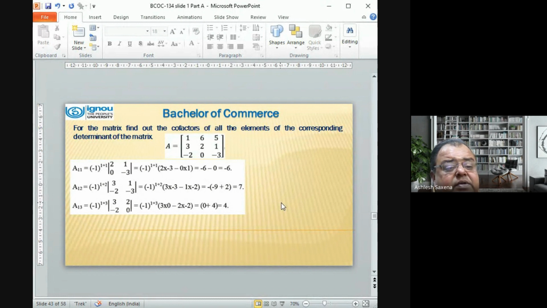And first row, second column: minus 9 plus 2. Minus 9 plus 2 is 7. Then A33, third row, third column. So 2 minus 18.